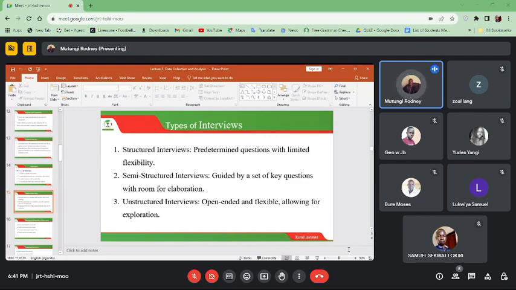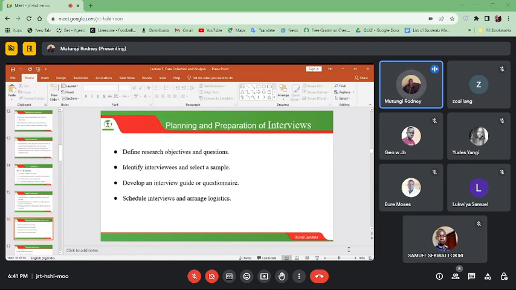And in unstructured, of course, these are open-ended. You ask about opinions really here. So someone will be able to give you a lot of information, and it will help you to gain a lot of insight into what you're studying.